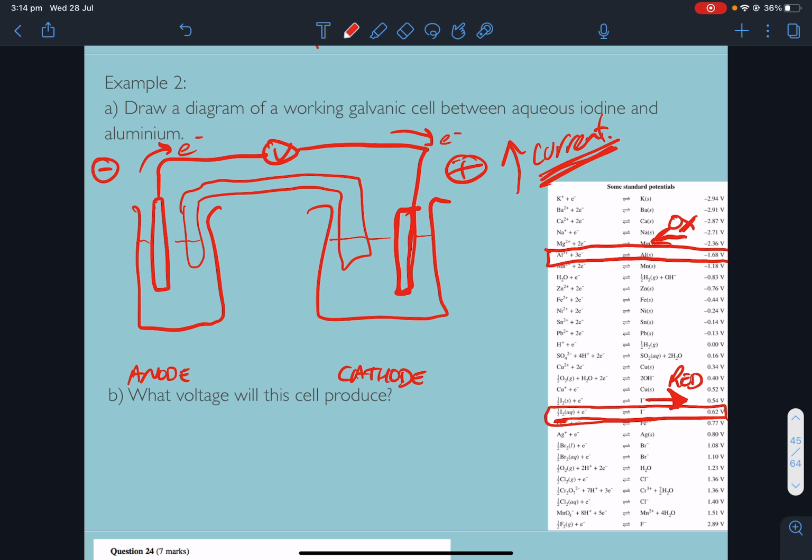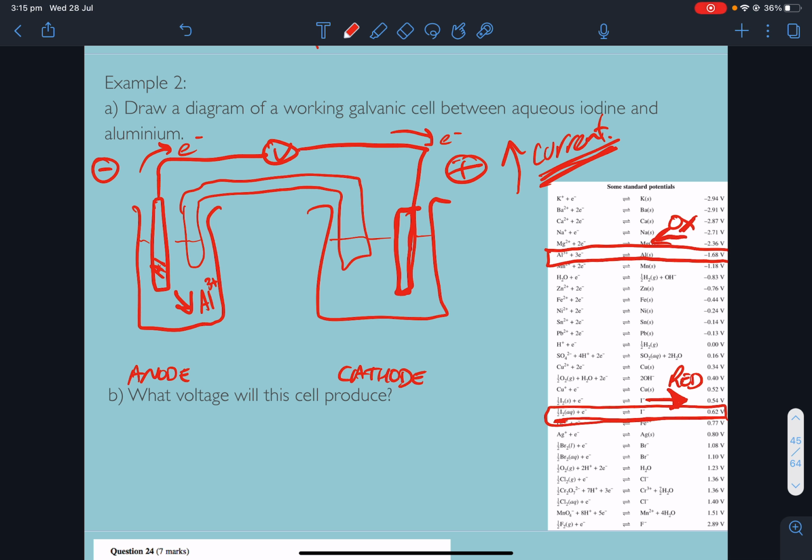So we've got our anode, we've got our general setup. We need to decide reduction. Reduction consumes, so reduction happens at the cathode. So aluminium being oxidized, or aluminium producing electrons, needs to happen here. So we need an aluminium solid electrode that gives off electrons and turns into aluminium 3+ in solution.